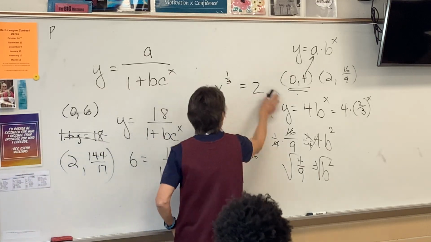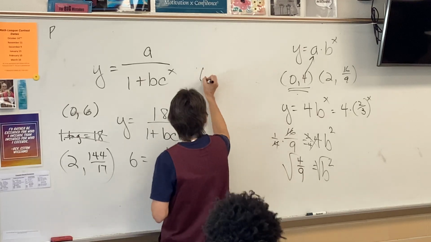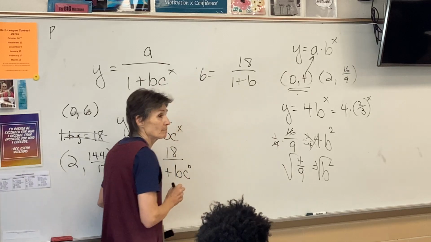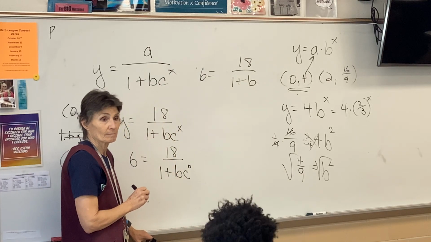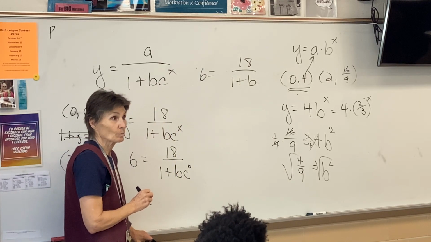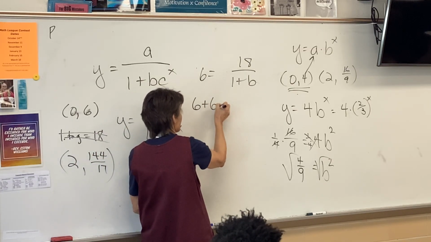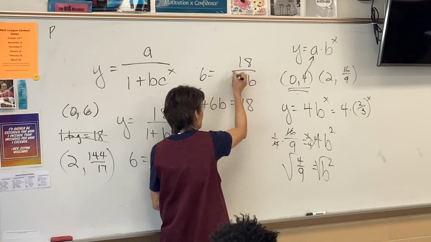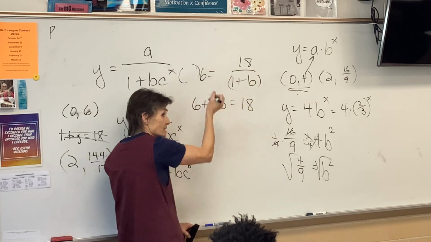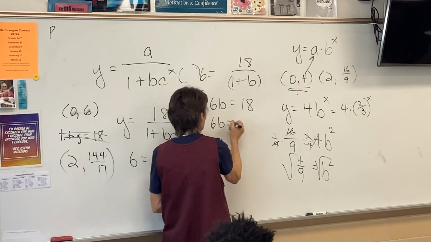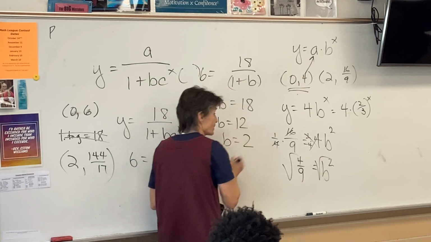So I have 6 equals 18 over 1 plus B. Right? So now I'll multiply this over. 6 plus 6B equals 18. It's distribute. So 6B equals 12 and B equals 2.